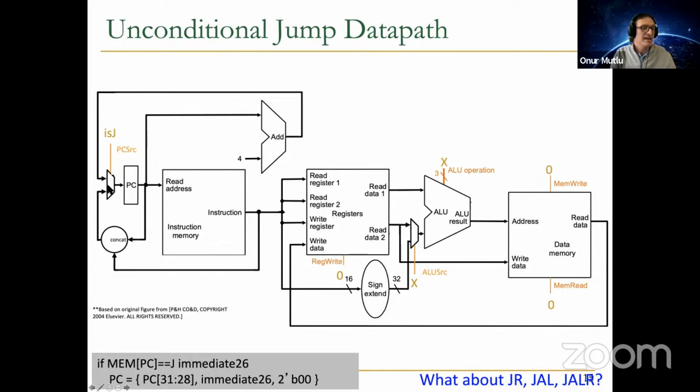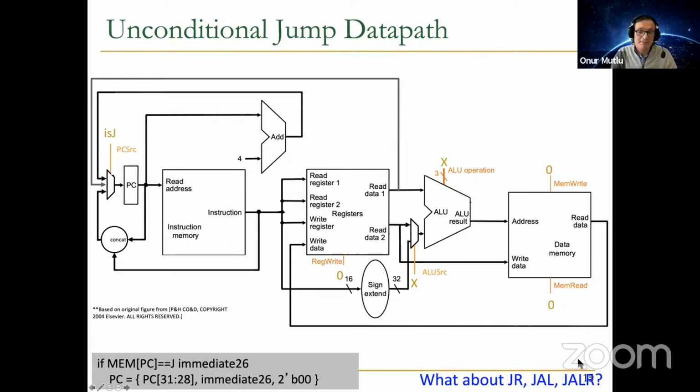Basically, it's register mode addressing. To enable that, you need a data path wire like this, and you also need to widen this mux now. If it's a jump register instruction, then you need to select this middle input of the mux to load or update the program counter.